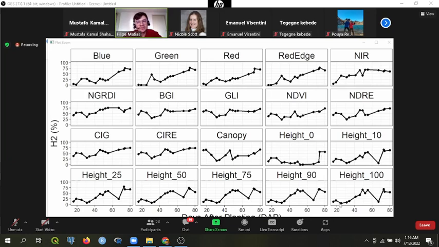So the maximum pixel height value is more heritable, or easier to explain. But check this. Something happened at 70, 73 days after planting, that brought our values all the way to zero. Okay, so keep this in mind, we're going to talk about this later.